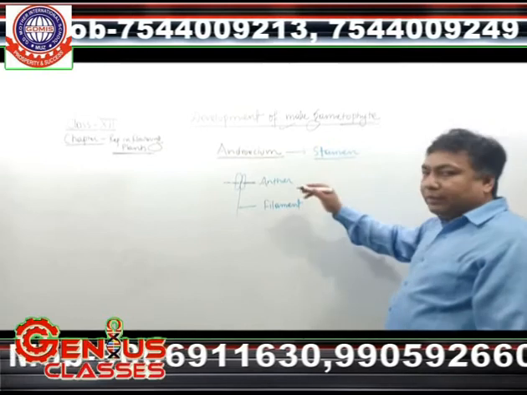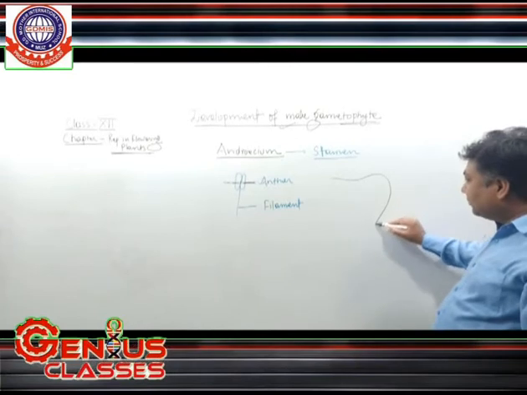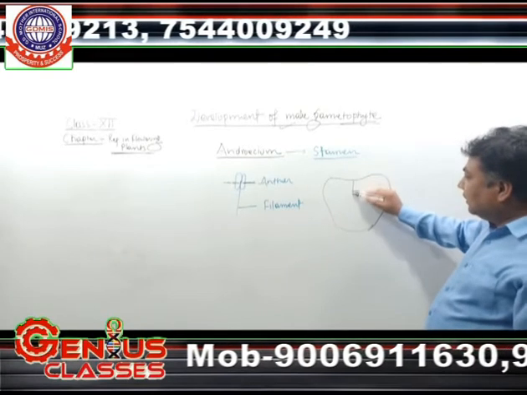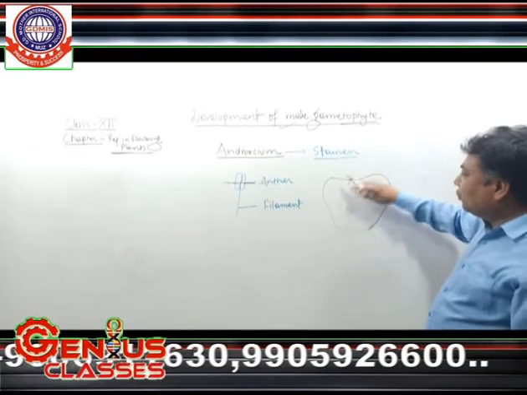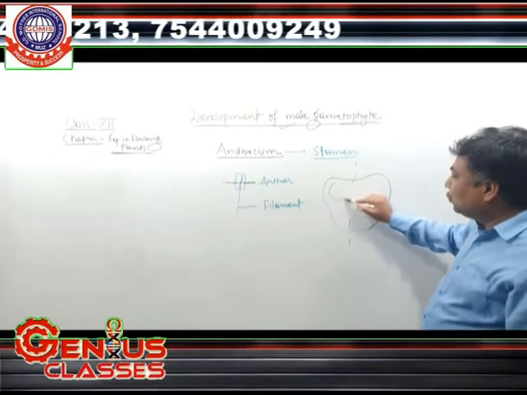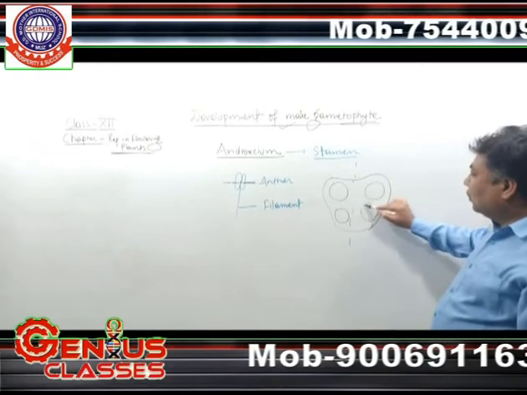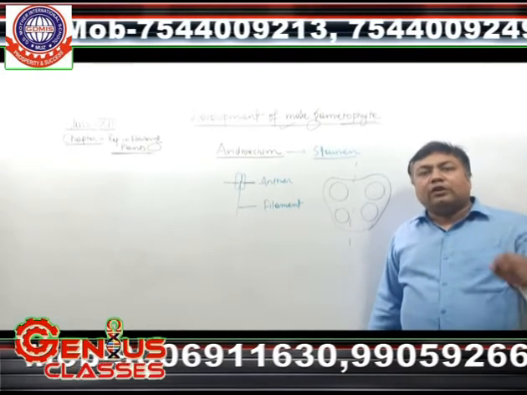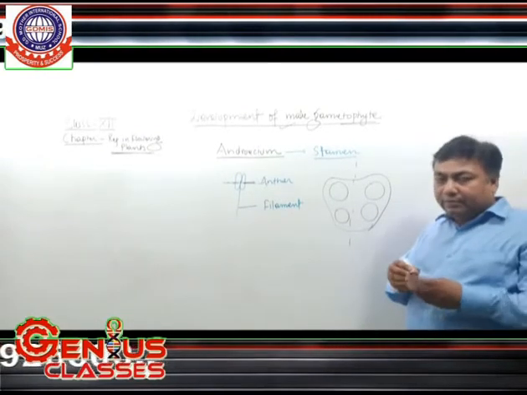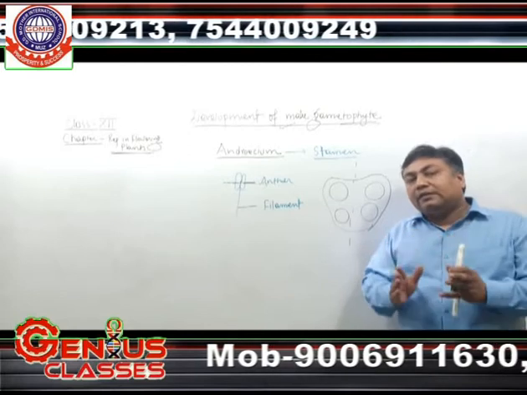When we make the section, we find that each theca contains two lobes, which are called sporangia, and each sporangium is surrounded by four layers of cells, four different layers of cells.